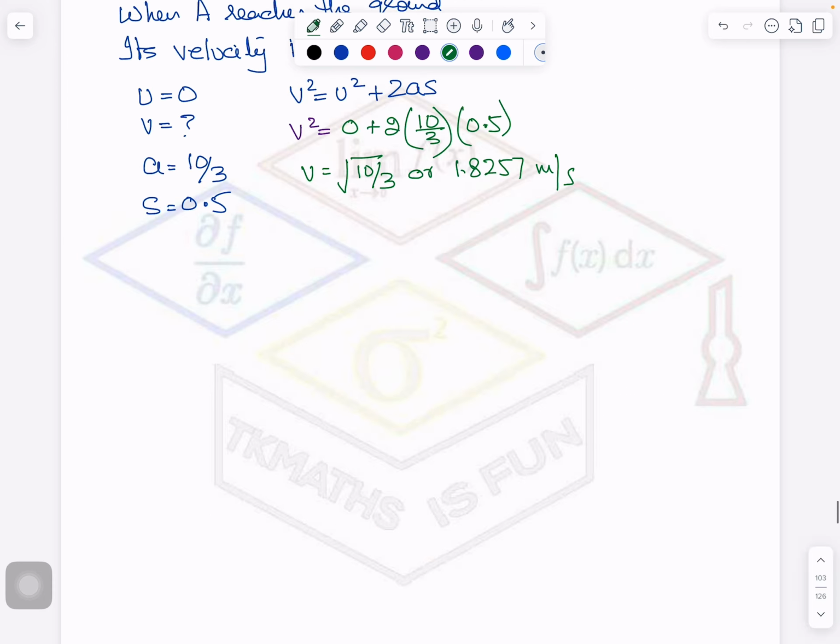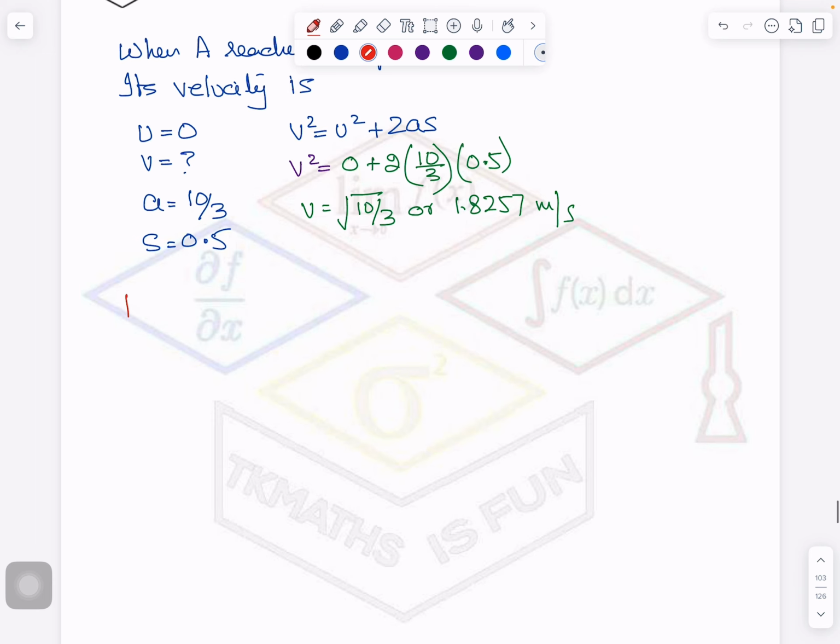So let's do it. For particle B, U is equal to 1.8257. You understand this? V will be 0, A will be minus 10, S we have to calculate.